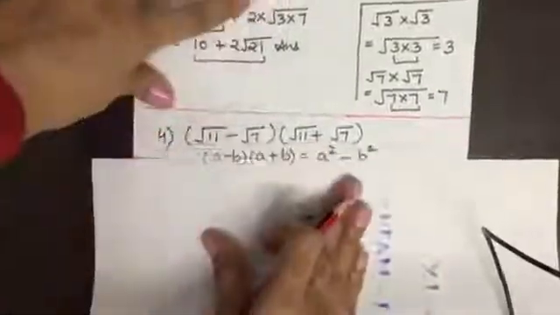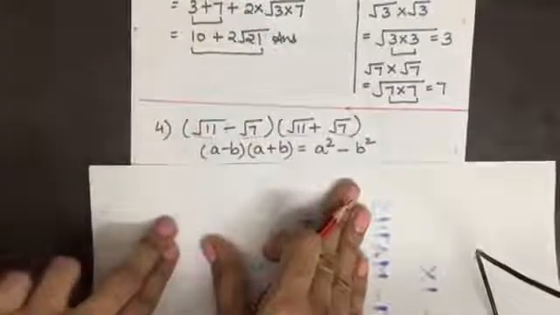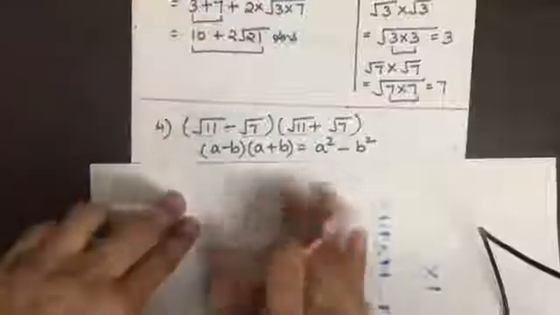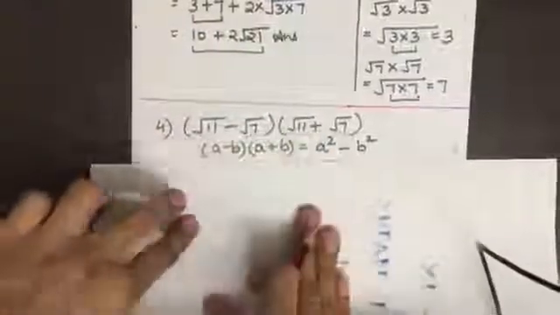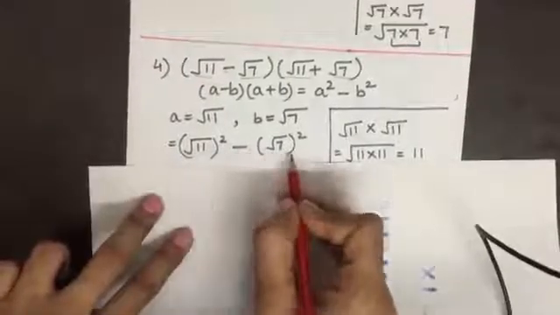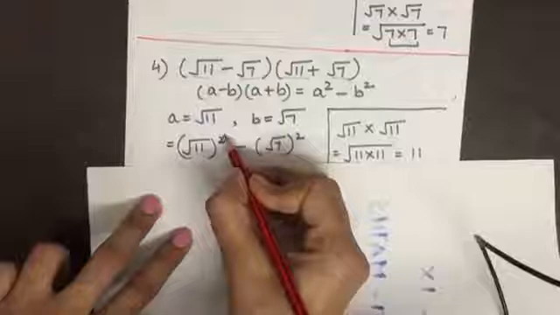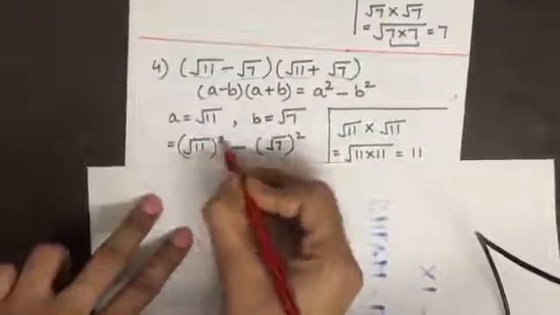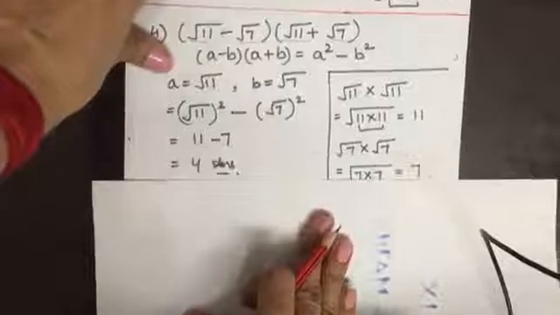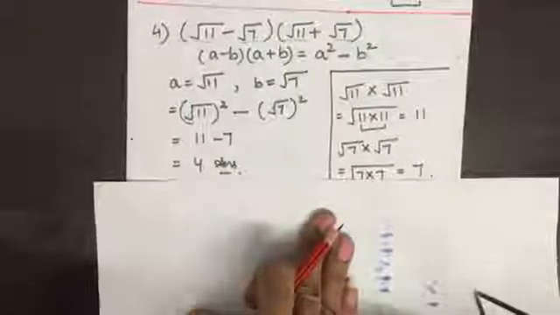So this is the property (a minus b)(a plus b) equals a square minus b square. Here your a is root 11 and b is root 7. So you will write it as root 11 square minus root 7 square. Now I told you the square root and square would be cancelled out. What would be left? 11 minus 7, that is 4. Answer.